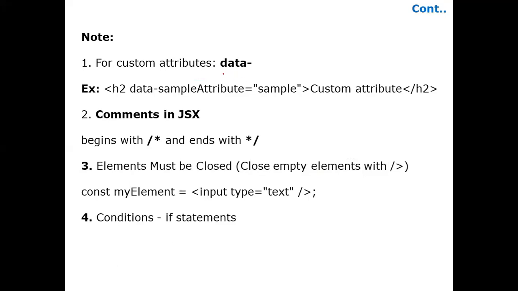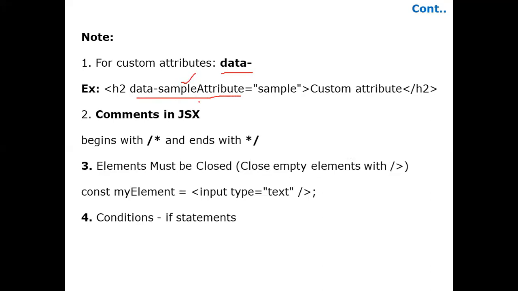Also, we can use our custom attributes with the help of data hyphen. Hope you remember in web technology, in local storage, we can also use data hyphen attributes to customize our attributes, to specify custom attributes. Previously you used className here, but if you want to use customized attributes, you can use data hyphen followed by the name of the attribute.